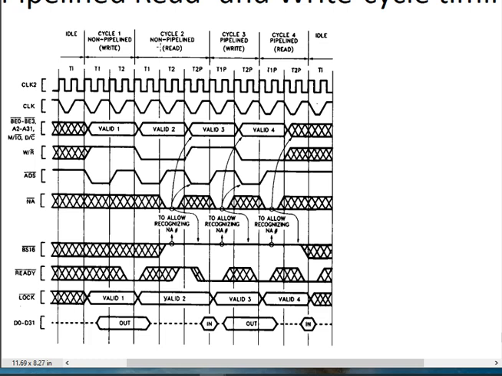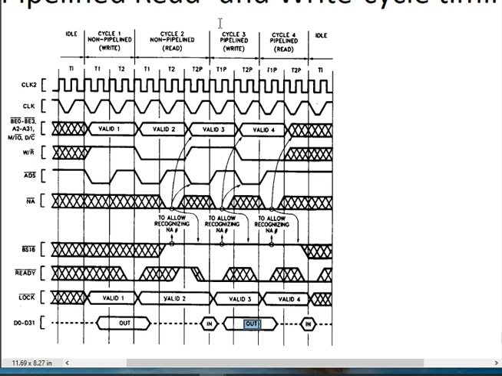Here, whatever in-data is present, it is present for the non-pipeline read cycle. This data is with respect to this operation, and for this operation the data will be put here. Now for this next read operation, the data will be put before the start of this T1 state.